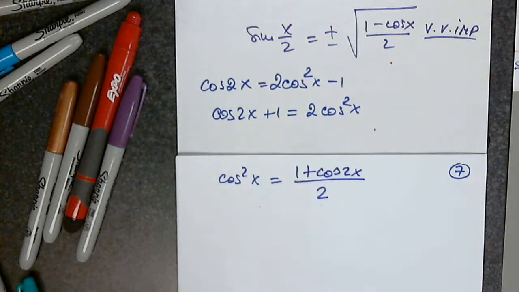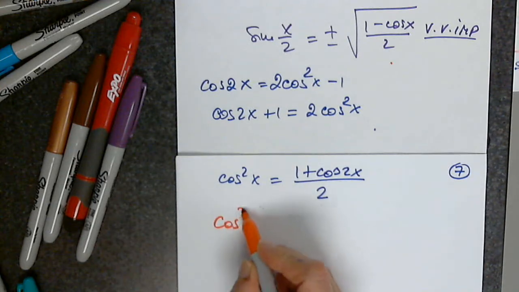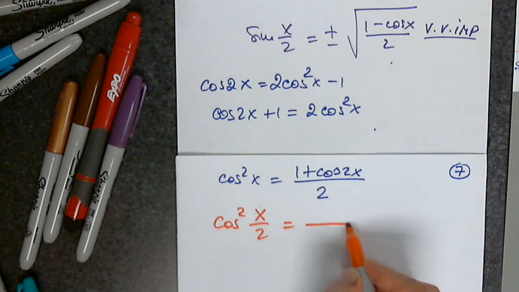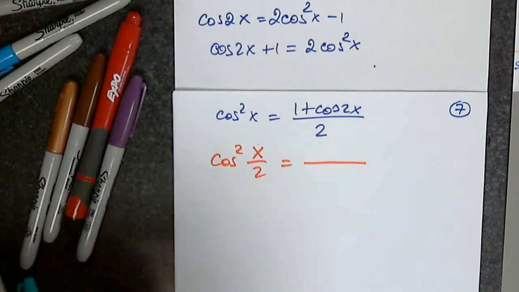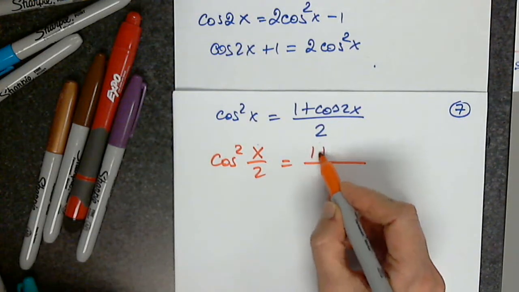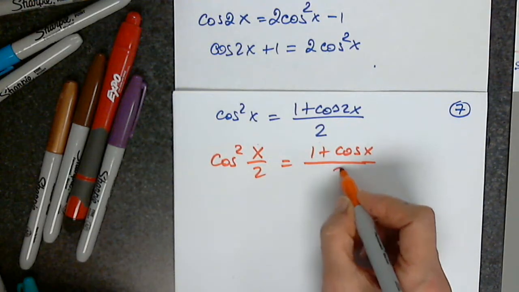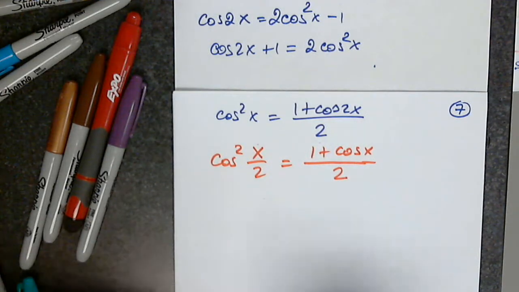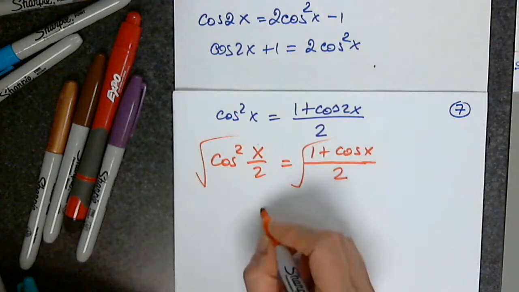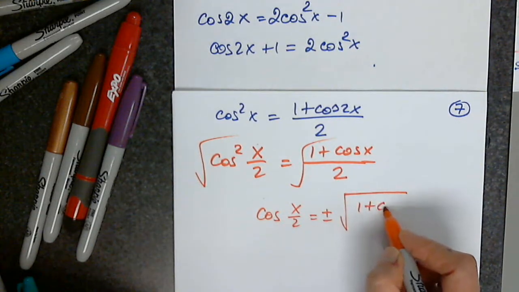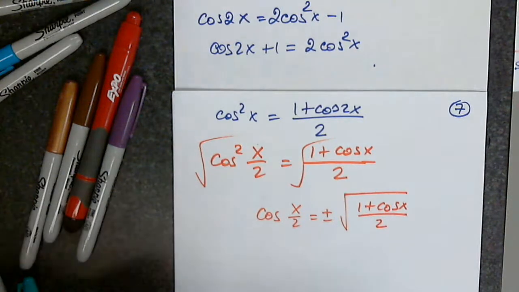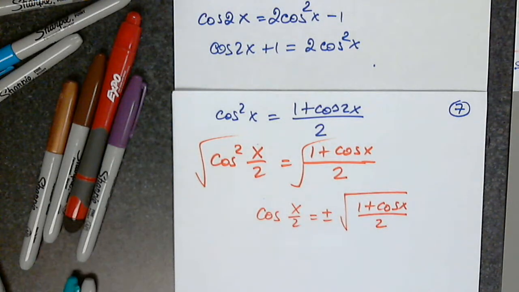Now I would like you to give me the formula for the half angle. The cosine squared x over 2. What would you say? 1 plus cosine x, over 2. Exactly. Of course, now we want to take the square root. So cosine x over 2 equals plus or minus the square root of 1 plus cosine x over 2. I highly recommend remembering these two formulas together.